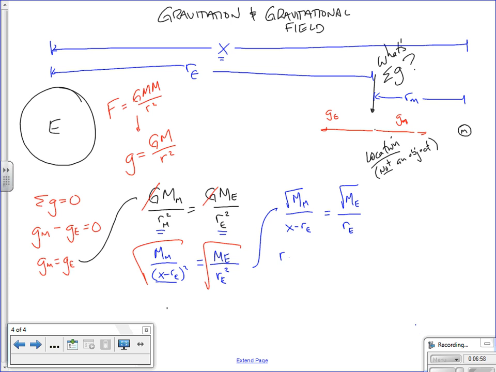So I'm going to do r E, cross multiplying: square root of mass of the moon times r E equals x minus r E times square root of mass of the Earth. That gives root mass of the moon times r E equals x root mass of the Earth minus r E root mass of the Earth. Get all the r E's on one side.